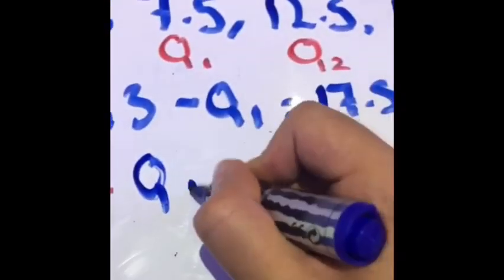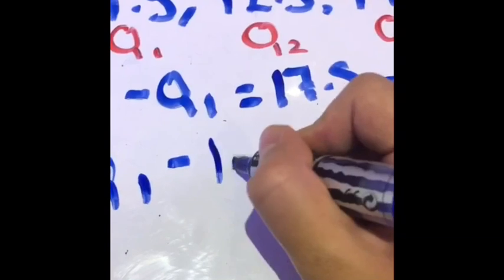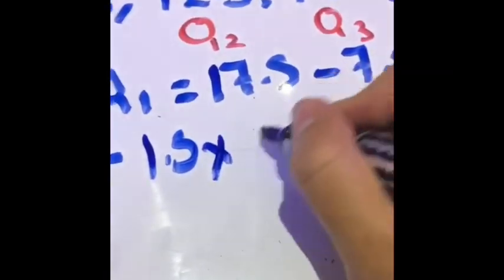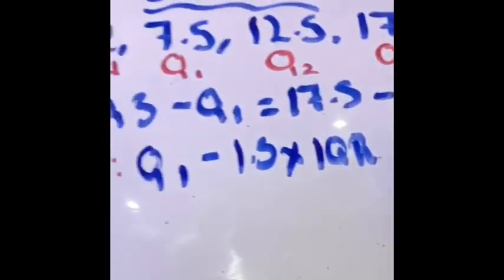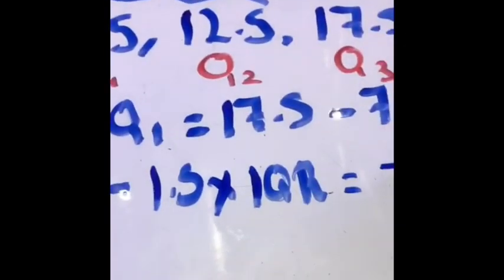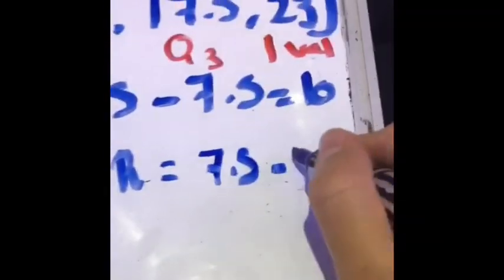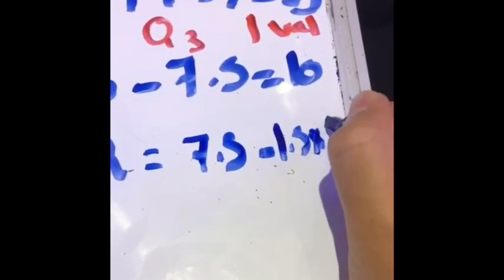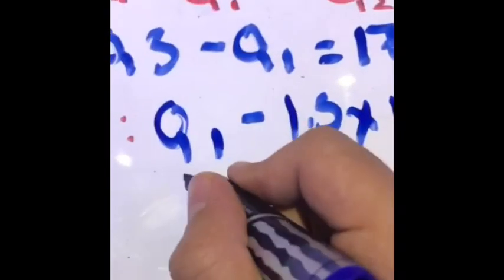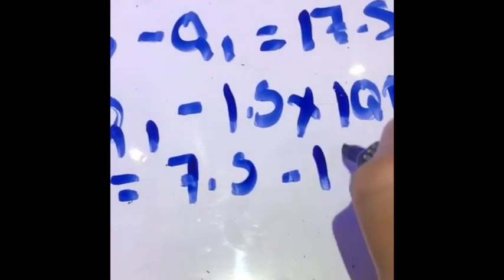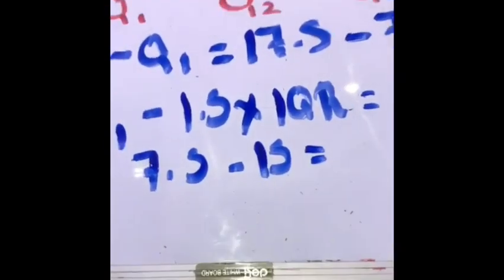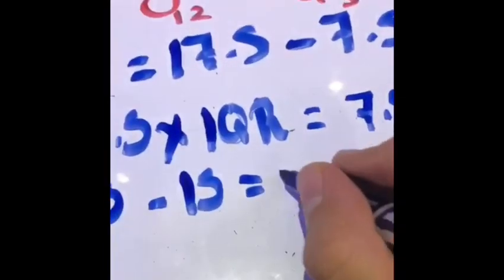The first is Q1 minus 1.5 times IQR, which is equal to Q1 7.5 minus 1.5 times 10, which is equal to 7.5 minus 15, which is equal to minus 7.5.